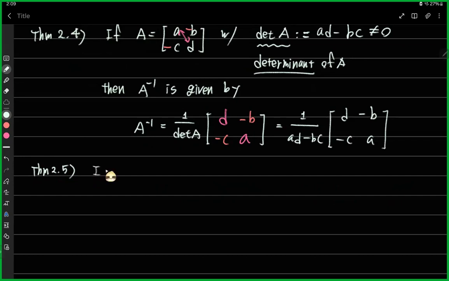If A is an invertible n by n matrix, meaning A has an inverse matrix, then for each B bar in R^n, the equation A x bar equals B bar has a unique solution, x bar, which is A inverse B bar.